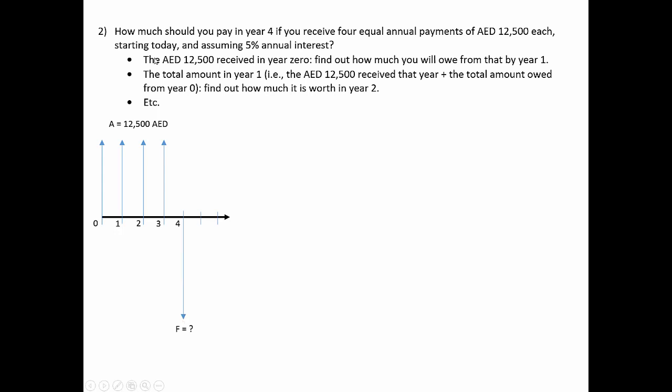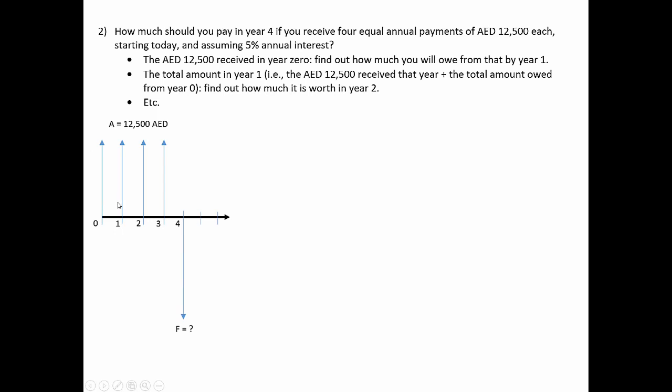Here are some hints on how to solve the problem. First of all, we get a certain amount in year 0, 12,500. So how much is that worth by the time we get to year 1? In other words, we multiply this value by 1.05, and that takes it to year 1.